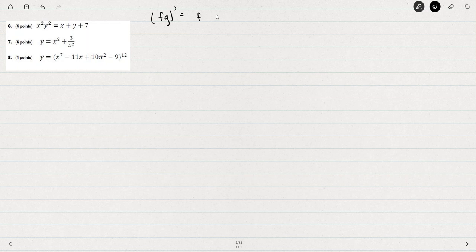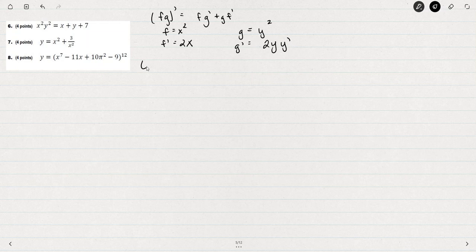The derivative of our product is fg prime plus g f prime, where f is x squared and the derivative of f is 2x. G is y squared and the derivative of y squared is 2y y prime.